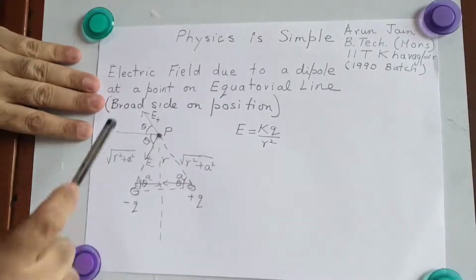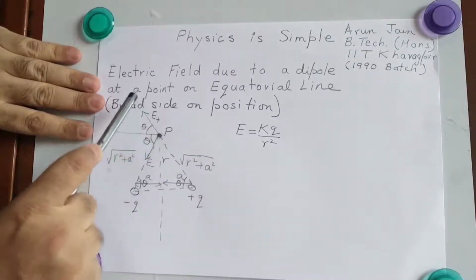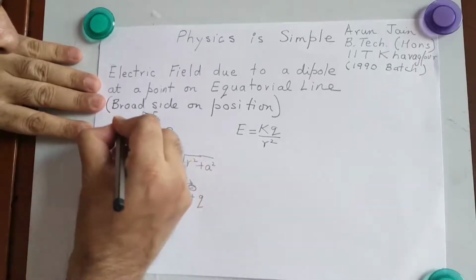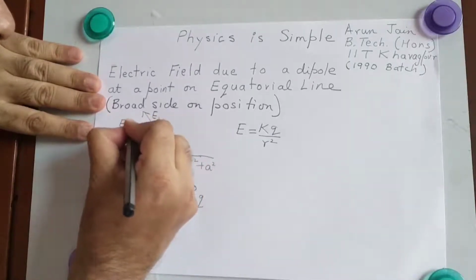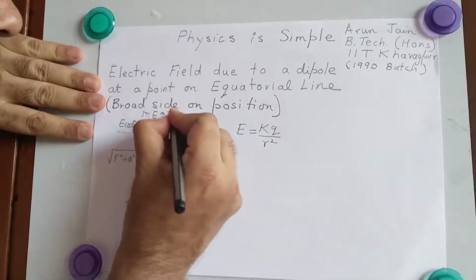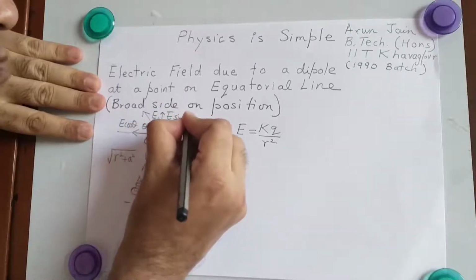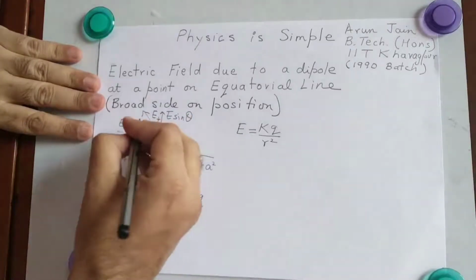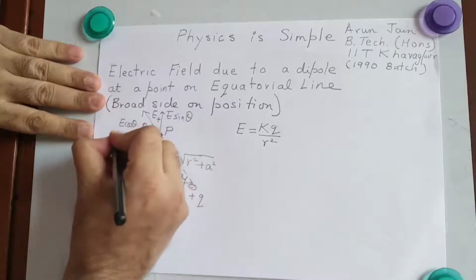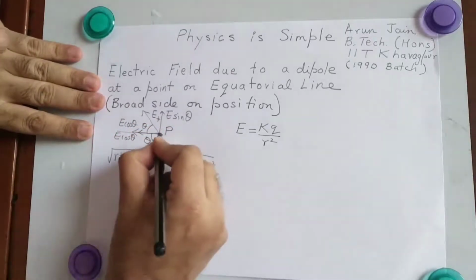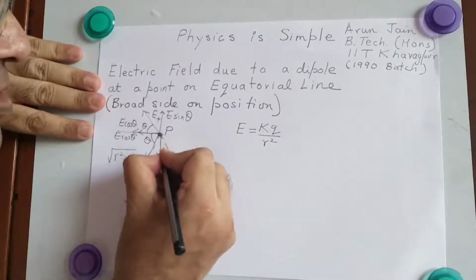Therefore, the x component of the electric field due to positive charge will be E cos theta, and the y component will be E sin theta. Same way, the x component of the electric field due to minus charge will be E cos theta in the same direction, but the y component will be E sin theta in opposite direction.